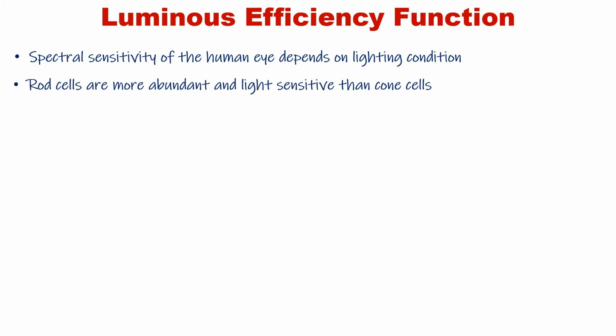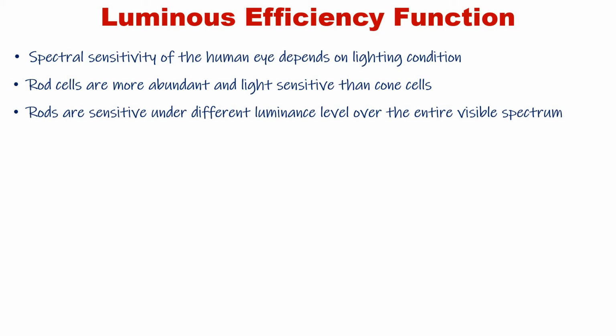And we know that in our human eye, rod cells are present in greater number than the cone cells, and also rod cells are highly sensitive, whereas the sensitivity of cone cells is very low. Rod cells are highly useful in distinguishing objects with different luminous levels.